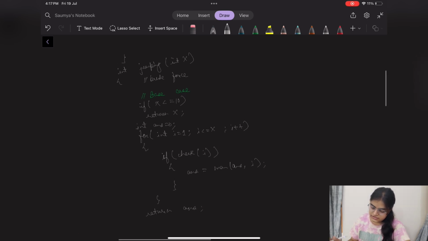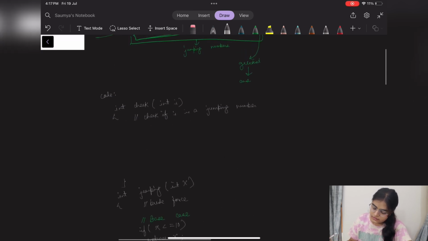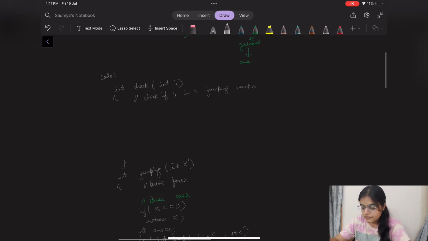Now let's complete the check function. Here you have two ways to solve the check function. First is to convert the integer into a string and then just use two pointers.